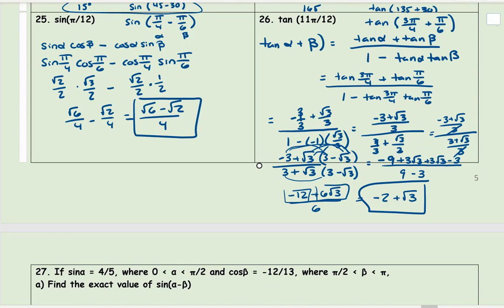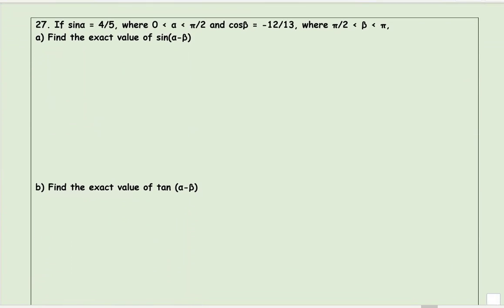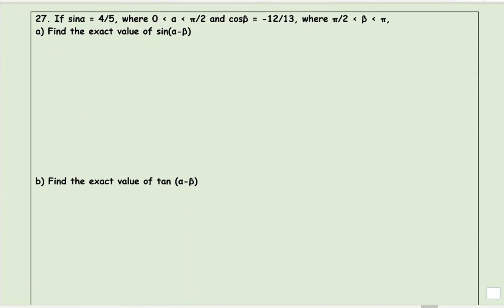Okay, so we also have questions like 27. So if sine of A is equal to 4/5, where A is between 0 and pi over 2, so we know that sine is in the first quadrant, and cosine of B is equal to -12/13.